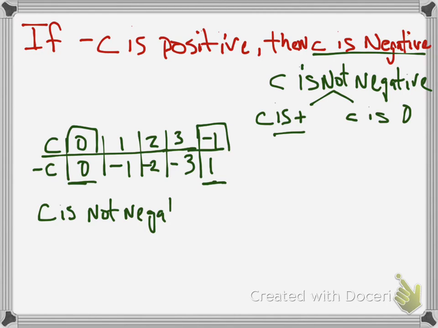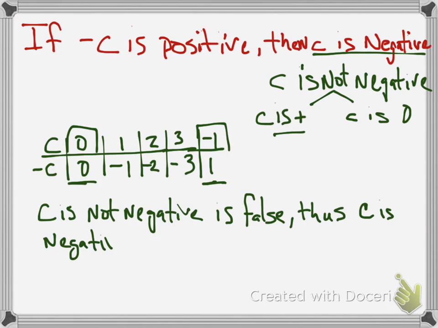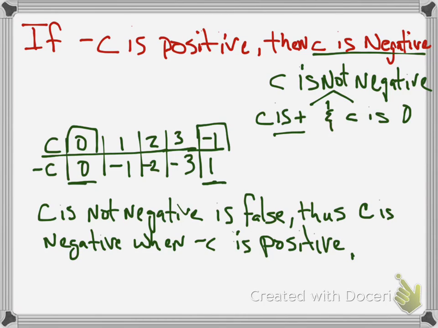So c is not negative is false, because we're trying to do this in a general case, so all we had to do is prove one part of this was false. Thus, c is negative when negative c is positive.